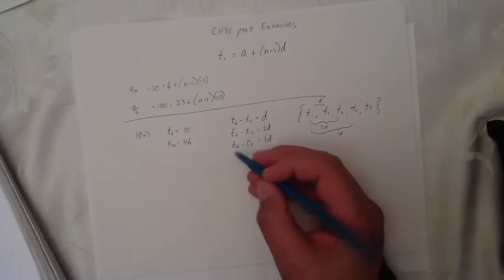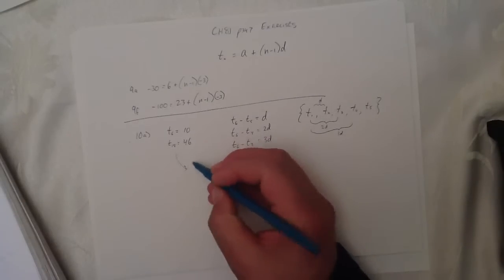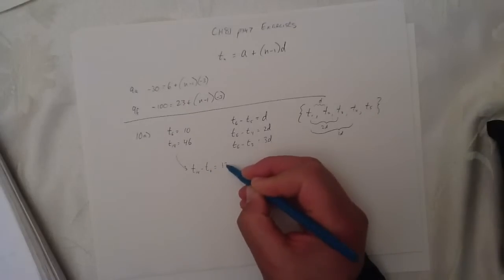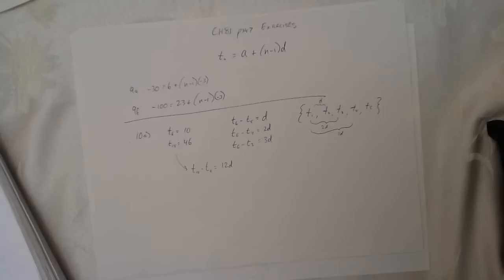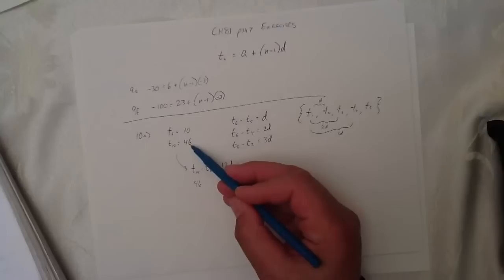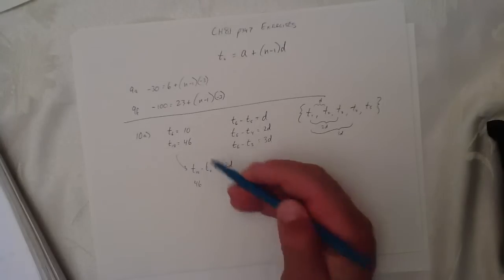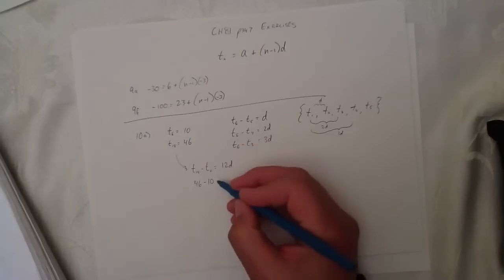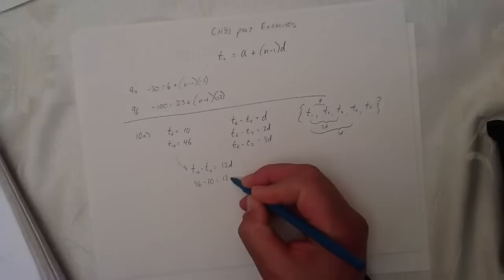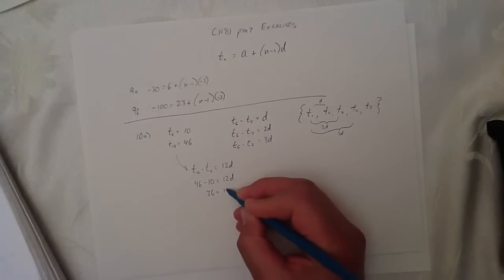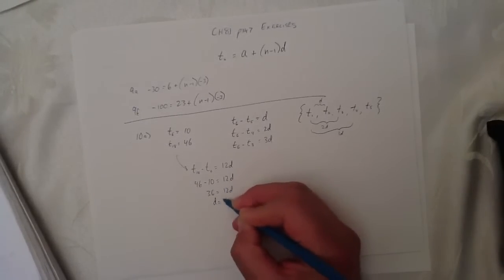Well, that means that T18 minus T6 is going to equal 12d. That means that 46, which is the value of T18, minus 10, the value of T6, equals 12d. So 36 equals 12d, d equals 3.